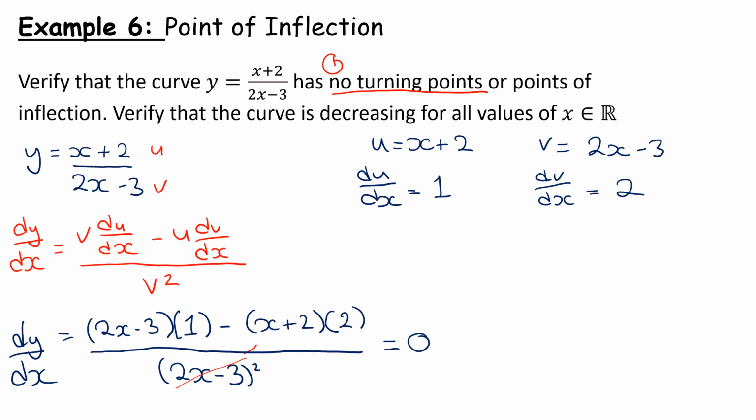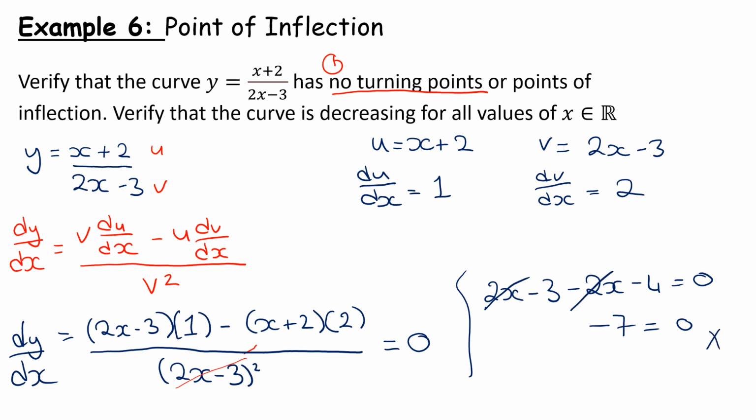So that would leave us multiplying it out as 2x minus 3 minus 2x minus 4 equals 0, which would simplify to minus 7 equals 0, because the negative 2x and plus 2x cancel, which is incorrect. So we have no value of x that works here, so therefore there is no turning point, because it's not possible for this thing to equal 0.